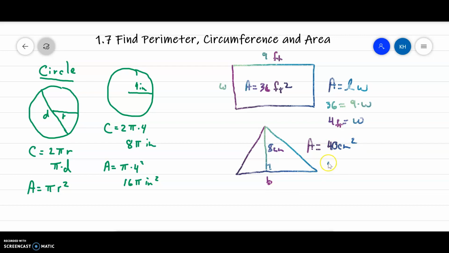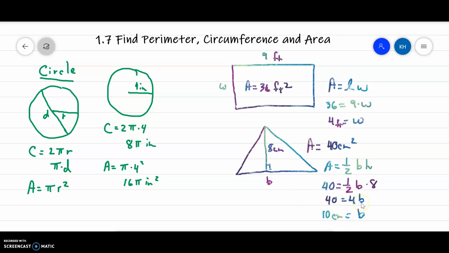So again, we'd fill in the blanks. Area equals 1/2 base times height. 40 equals 1/2 base times height. And so 40 equals 4b. B would have to equal 10. Again, make sure we label it centimeters.